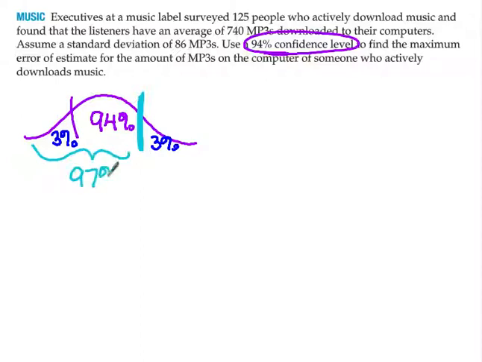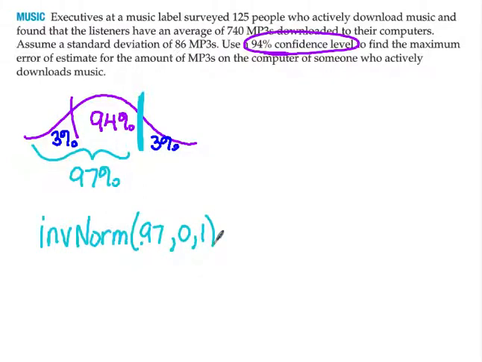So on your calculator, you're going to do inverse norm of 97%, actually 0.97. Remember, we find inverse norm by doing second and the bars button. Go ahead and do inverse norm of 0.97. And remember, we always do 0, 1 at the end. What does the inverse norm calculate to, to 3 decimal places?